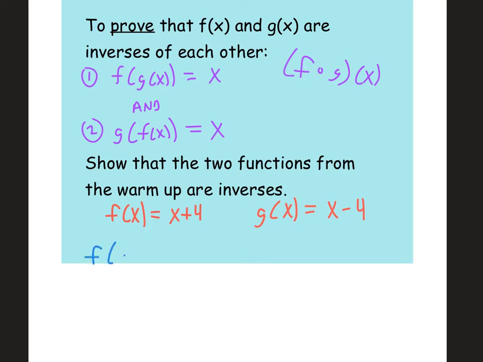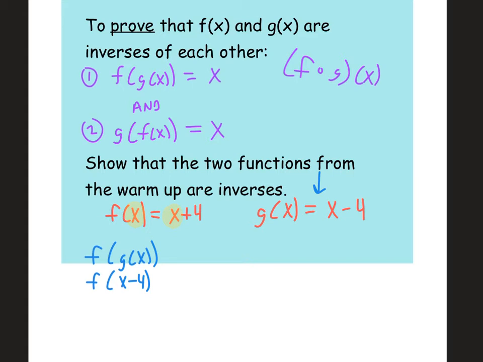If we do f of g of x, let's find that first. Refresher on that, f of g of x, you start with the inside function, so g of x is the one in the parentheses, so we're going to replace g of x with x minus 4, because that's just what it's defined to be up here. And now we look at the rule for f and we say, what is f of x? f of x given to us is just x plus 4.